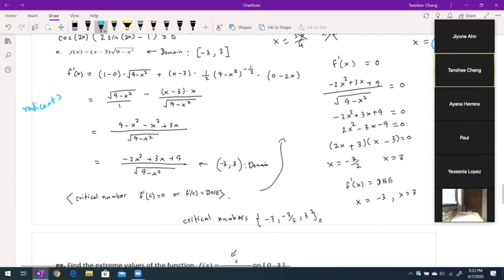The radicand is greater than or equal to 0, so therefore 9 minus x squared is greater than or equal to 0, and 3 minus x times 3 plus x greater than or equal to 0. So that will give me my zeros, 3 and negative 3, and I will have 3 intervals to test, and then from there you will be able to find out which is the correct one.